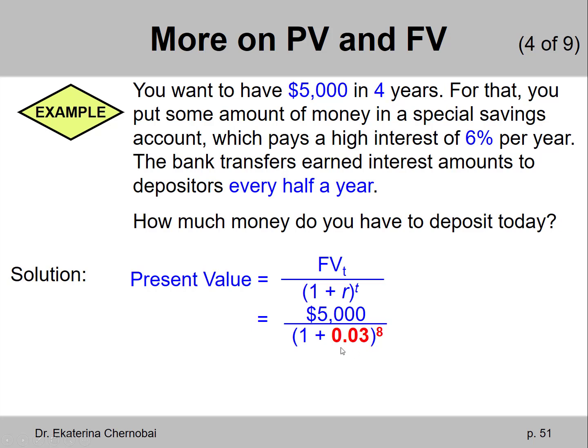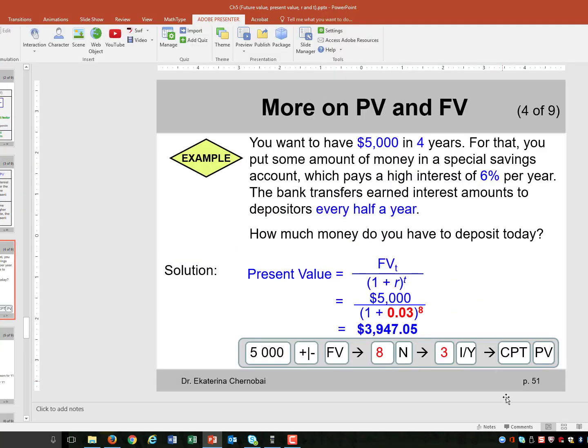That's where 3% came from. And the money sits in the account and earns interest not 4 times, but 8 times, because it's twice every year. The answer we get is $3,947.05.